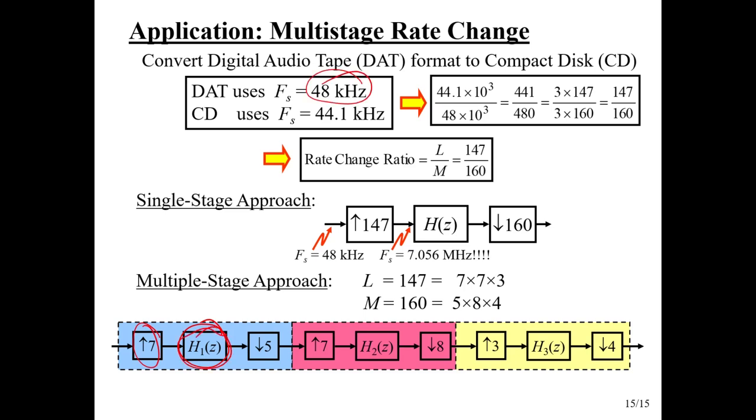That's still pretty fast, but not anything at all like going up by 147. And I will also say that I've mixed and matched, right? I took the 7 and the 5, the 7 and the 8, and the 3 and the 4. But there's lots of other ways that I can mix and match these.